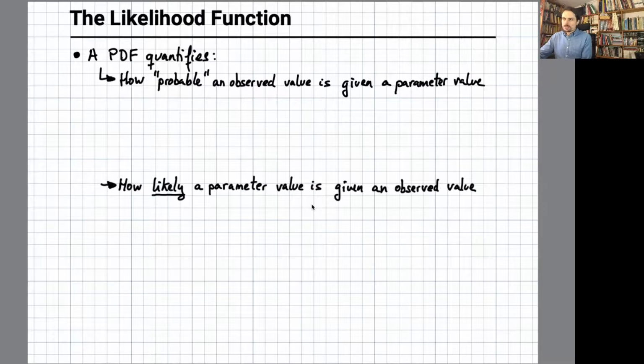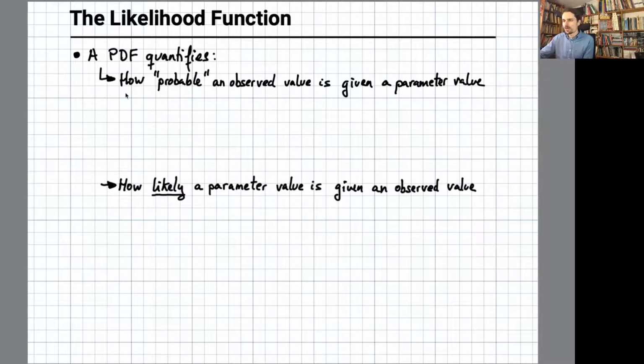To understand what a maximum likelihood estimator is, it is essential that we review what we learned about the likelihood function. In this slide that we saw before, we said that the PDF can be looked at from two alternative perspectives.